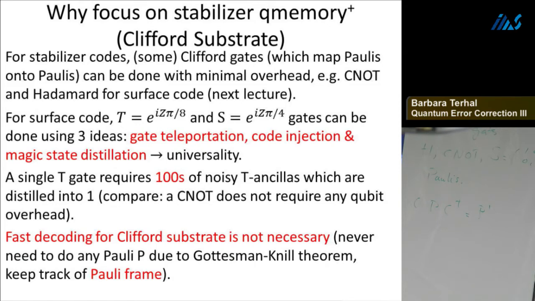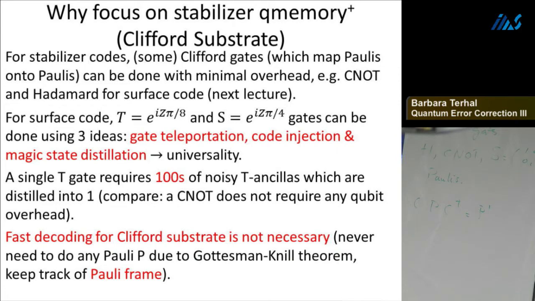That's one reason why I think if we go the route of stabilizer codes, it's a two-step process where one can imagine that at the first step we build something like a quantum memory, and the second step, which is quite a bit more involved in terms of practical complexity, we build a machine that does actually computation that we cannot simulate classically. And one reason that it requires more complexity is that the overhead for realizing T gates and so on is sizable, much larger than for the CNOT gates.